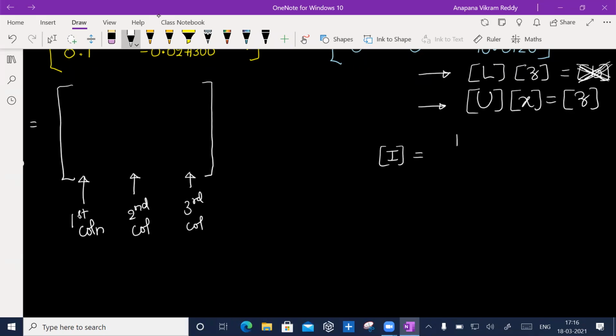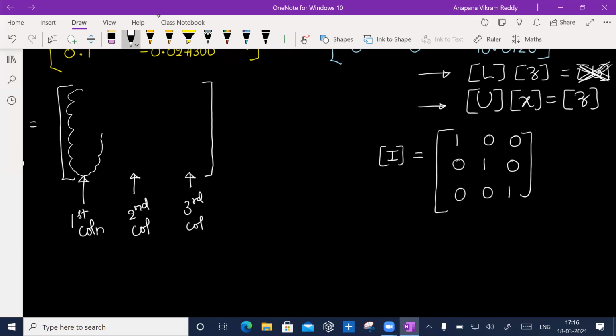You have diagonal ones, and the rest of the stuff is 0. To find the first column of the matrix inverse, for this LZ, I will use 1 0 0. This is my unit vector. Are you able to understand this?